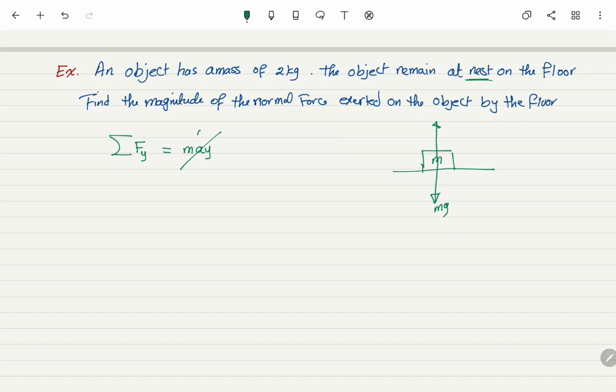So this equals 0. Normal minus mg equals 0, which means normal equals mg. By substituting, 2 multiplied by 10 (it's 9.8, but in this case we can take it as 10), it equals 20 newtons.